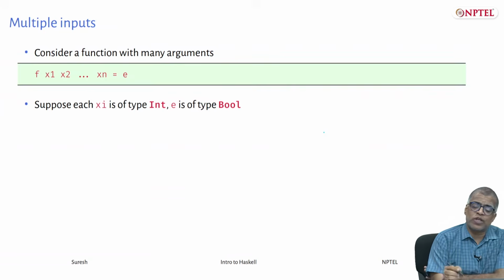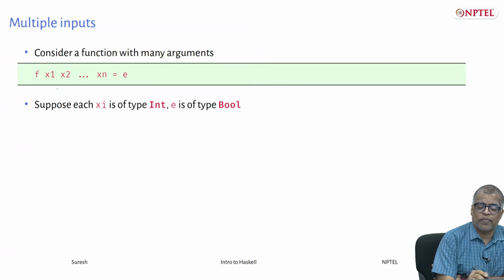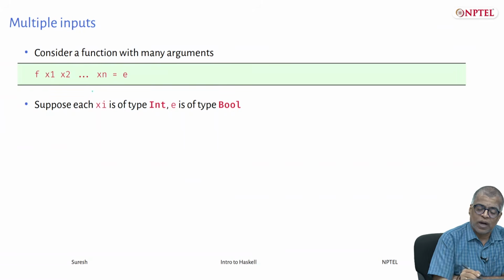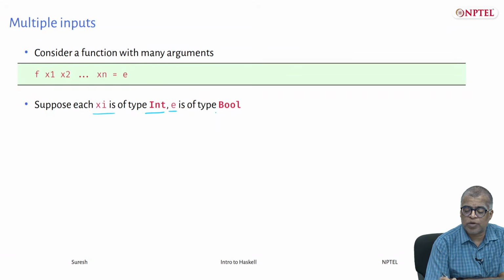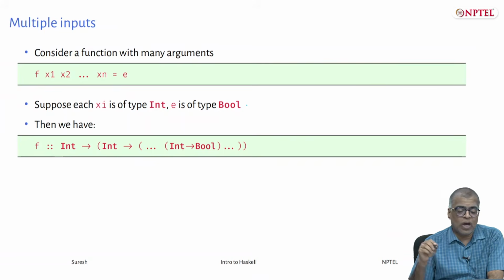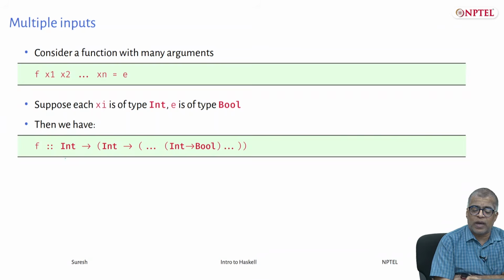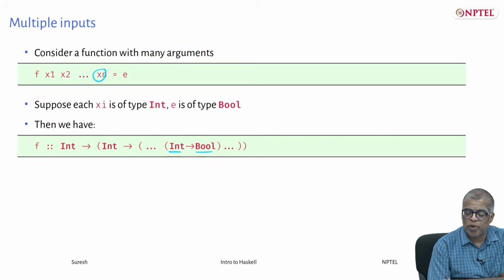So, consider a function with many arguments. Let us say f x1 x2 up to xn equals e, some expression. Let us say each xi is of type int and e is an expression of type bool. Then the type of f would be int arrow, you are producing a function, so that will be int arrow, you are producing another function, and so on, till finally you come to this point where you consume an int and produce a bool.